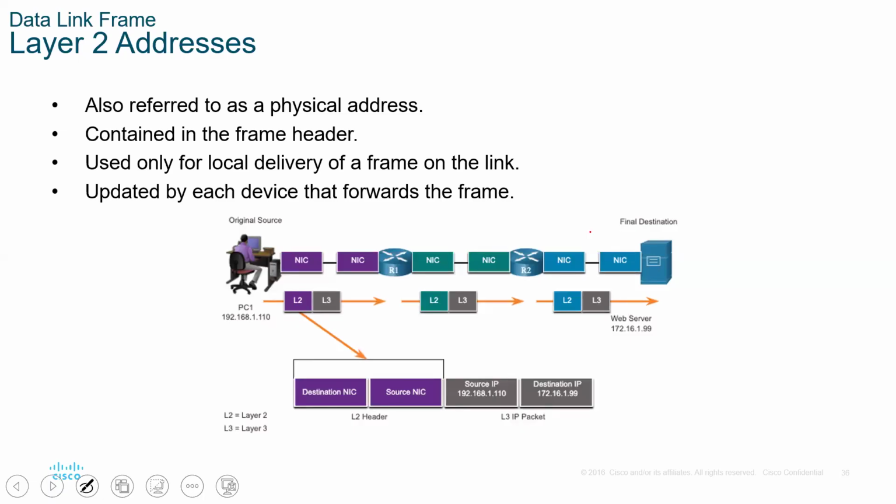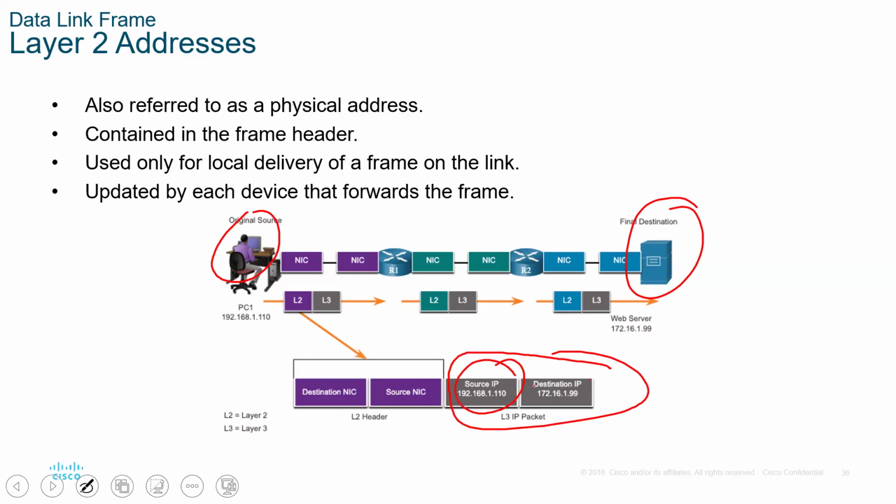For instance, this device is generating a message for this destination. In the addressing scheme, there's going to be a layer 3 packet, which contains the source IP address and the destination IP address. But for layer 2, there's going to be the destination MAC address and the source MAC address.